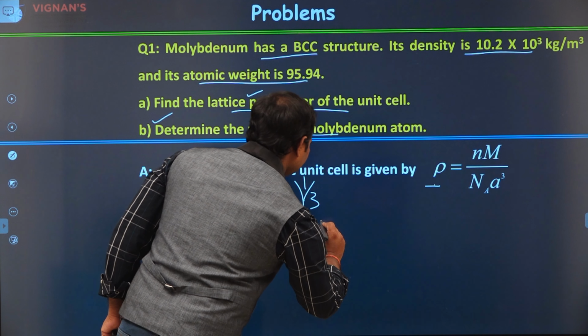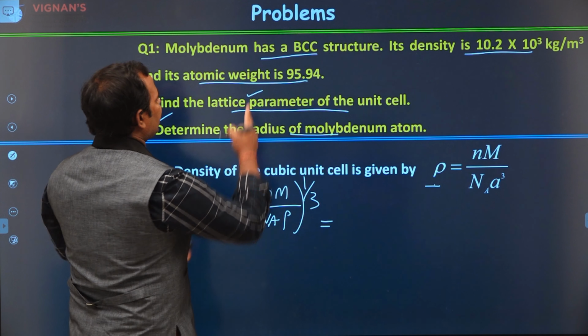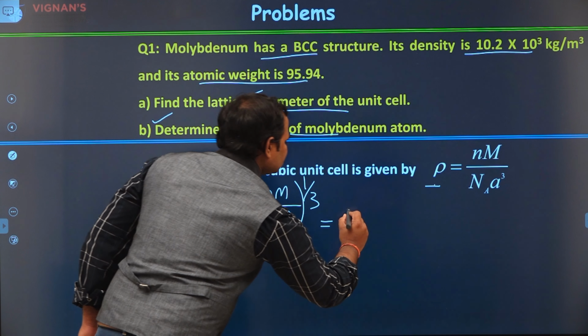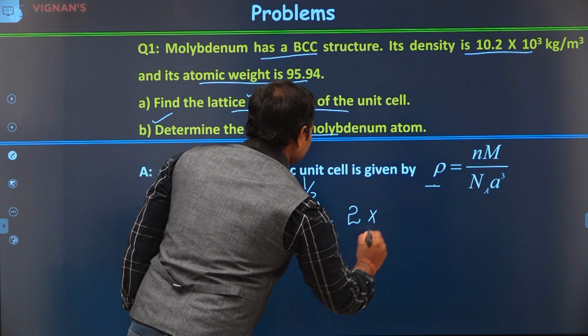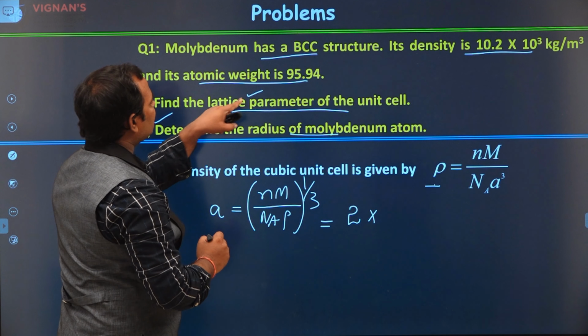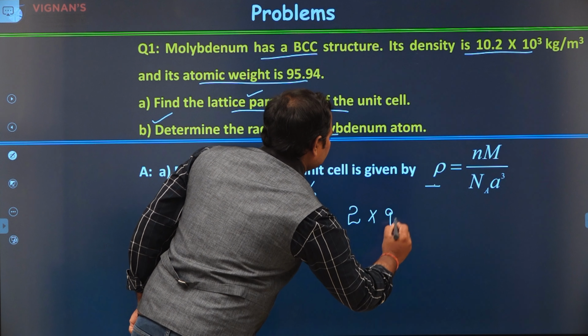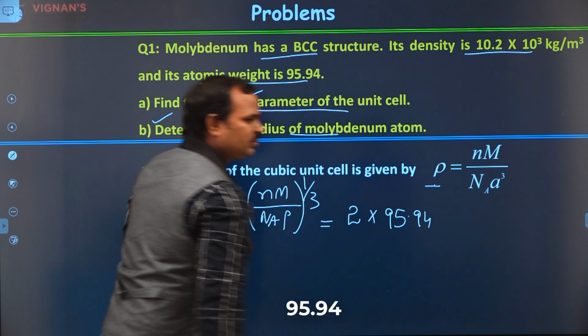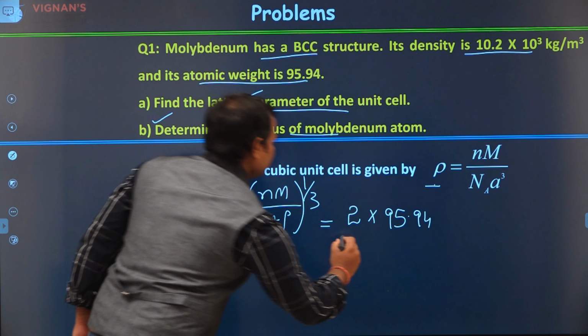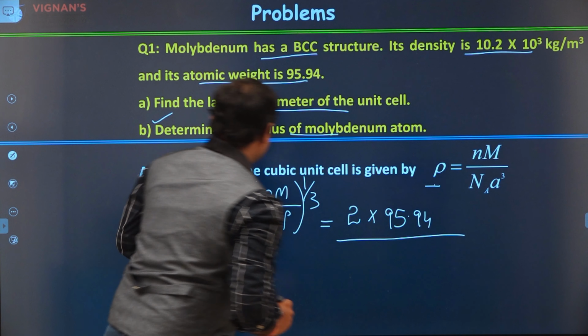N is the number of atoms per unit cell in the BCC, that is already 2, into atomic weight 95.94, by Avogadro number.